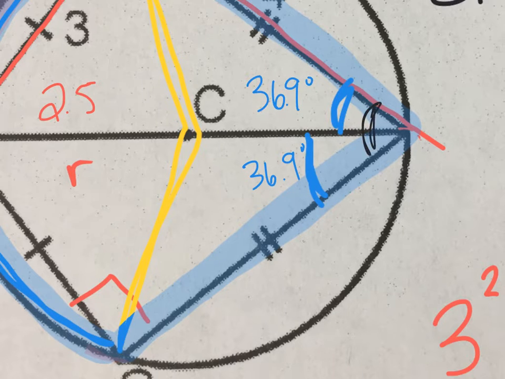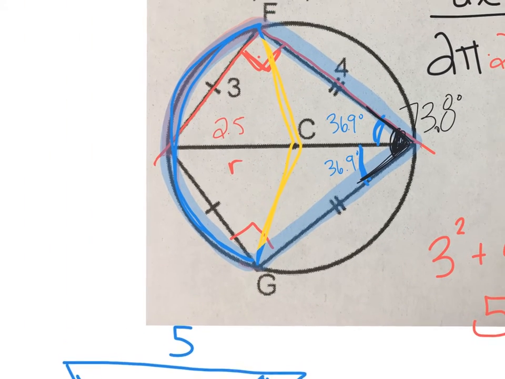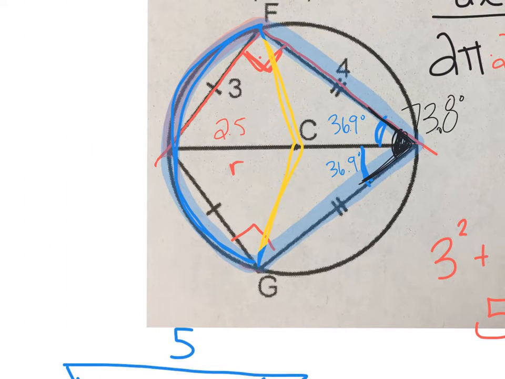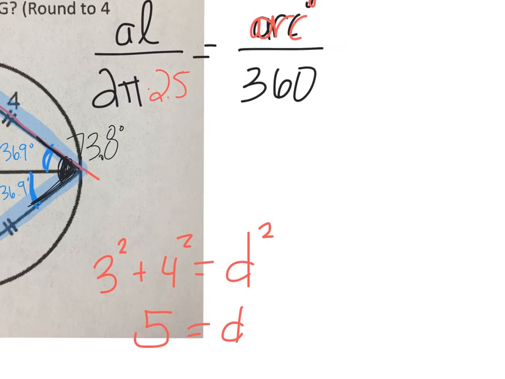So this whole angle, if I add these two up, becomes 73.8. So that is the measure of my inscribed angle, which means my arc is 2 times that, 147.6 degrees is the measure of my arc all the way around there. 147.6.